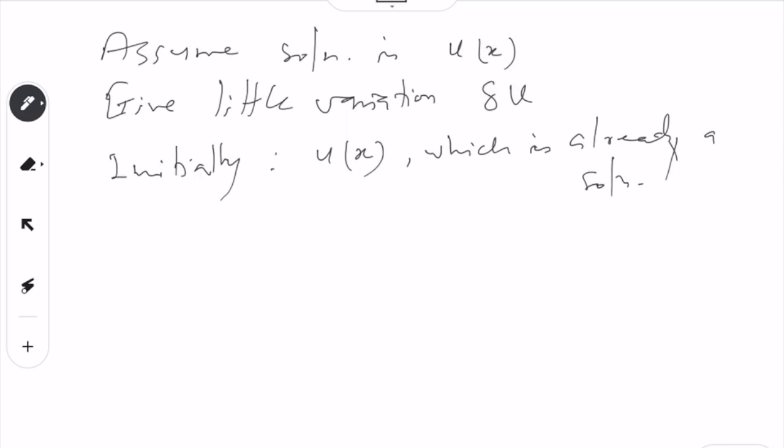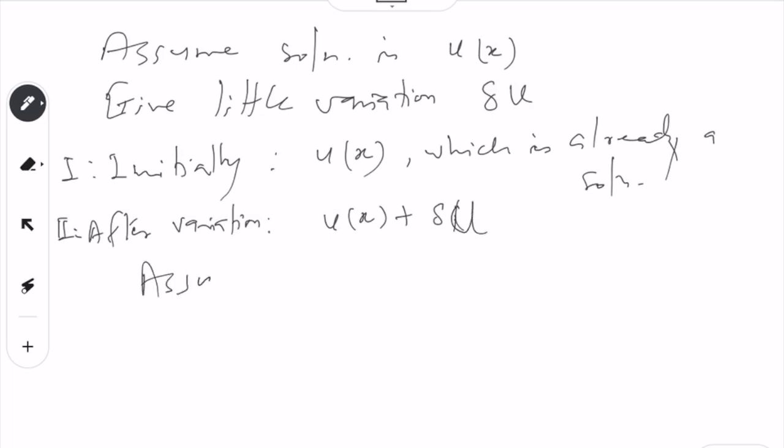And after you give the little variation delta u, your u becomes, after variation, u(x) plus delta u. Let us call the first condition 1, and this is state 2: u(x) plus delta u.